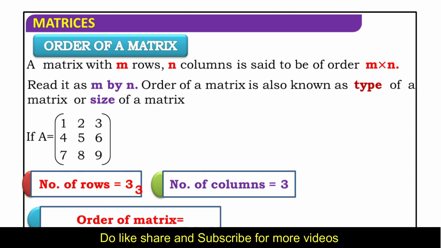First we have to represent rows, then columns. So the order of this matrix is 3 by 3, 3 rows and 3 columns, read as 3 by 3.